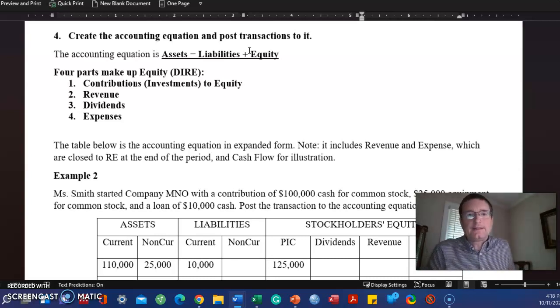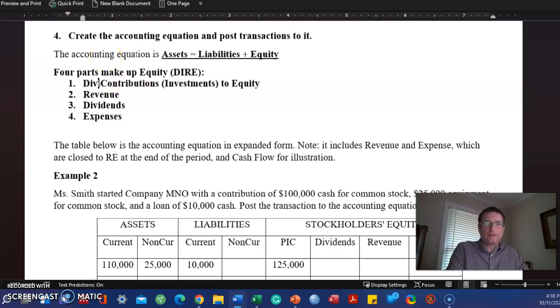We can take that equity section and break it down into component parts, and I have done that here. I'm going to rearrange it now to match Dyer.